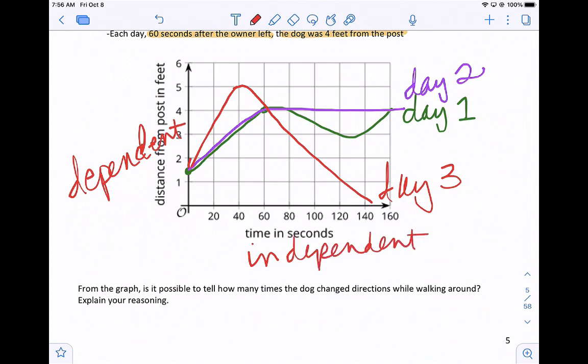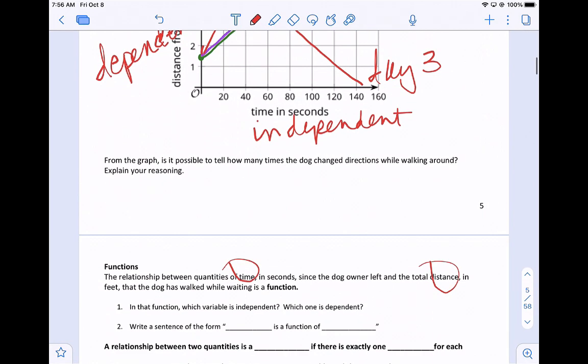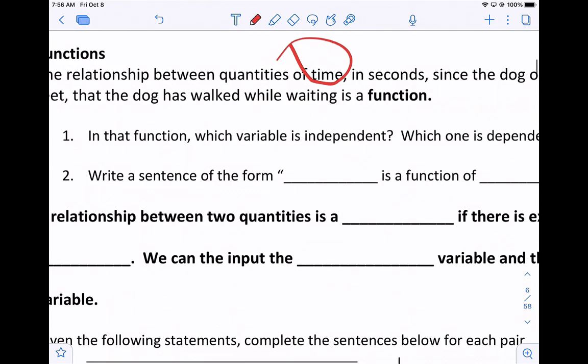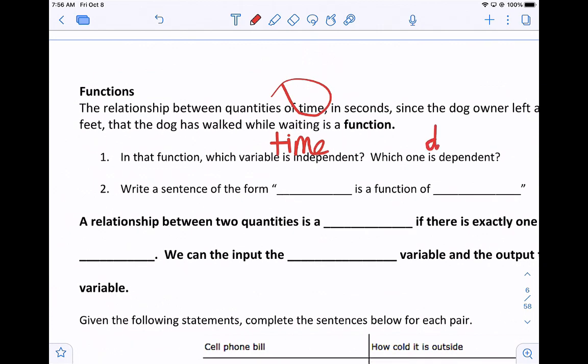What you'll start to notice is the independent variable in a graph is always the x-axis, and the dependent is the y. So the y variable depends on the x here. Distance from the post in feet depends on time in seconds. So independent is time, dependent is distance. Write a sentence of the form blank is a function of blank. Okay, so distance is a function of time.